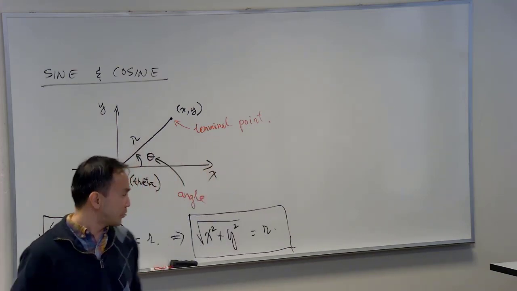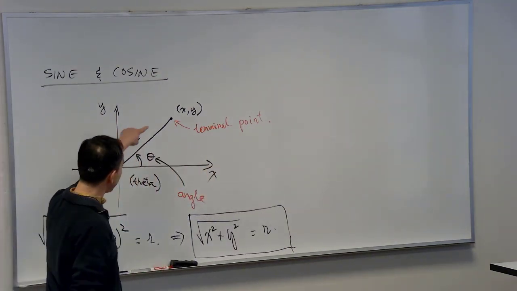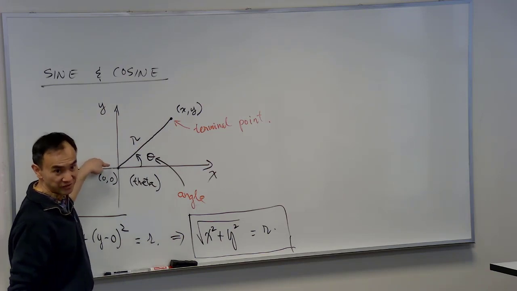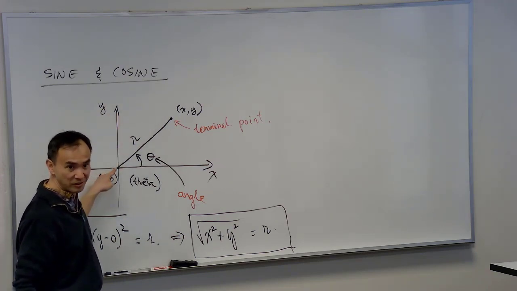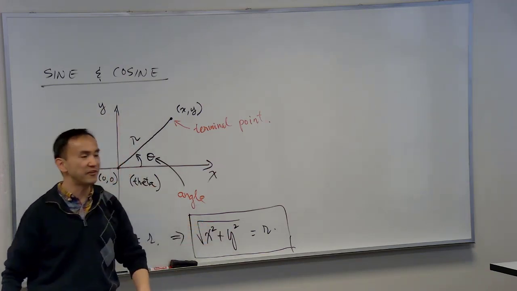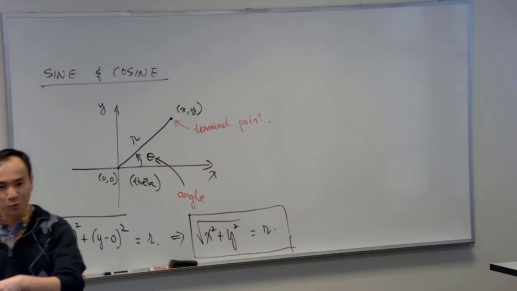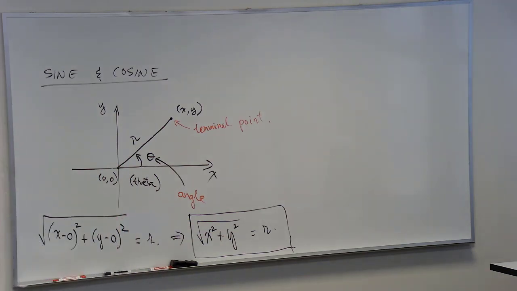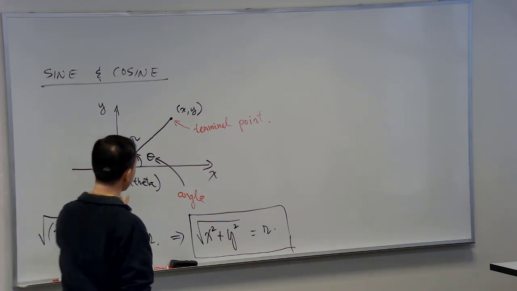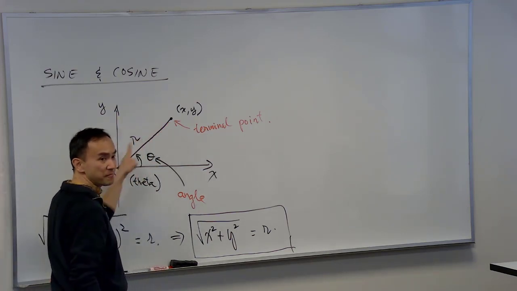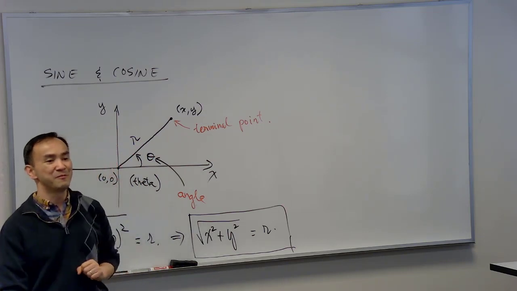I'm talking about the distance from any point to the origin on the plane. We always have that famous formula: r equals the square root of x squared plus y squared. And that tells you how much radius, how much distance your point stands away from the origin.